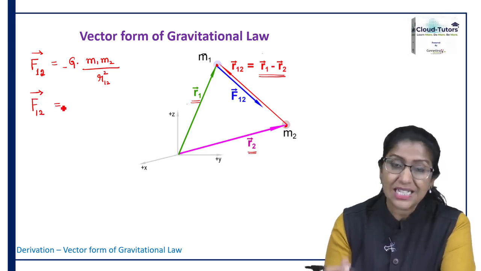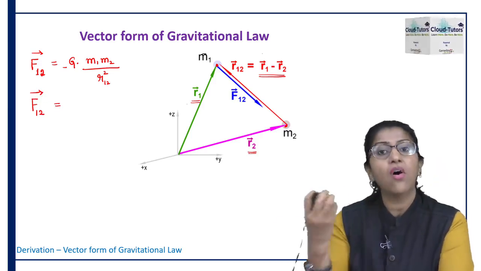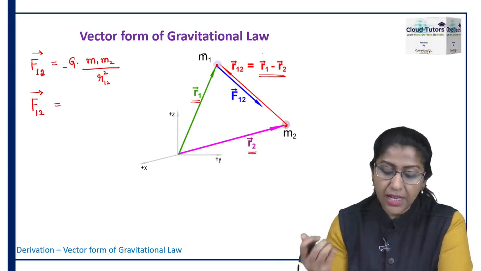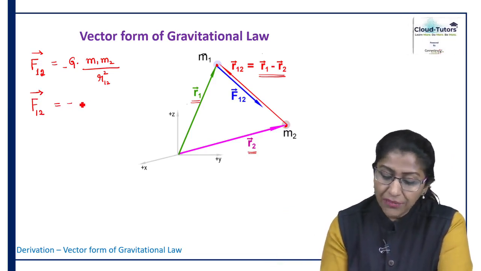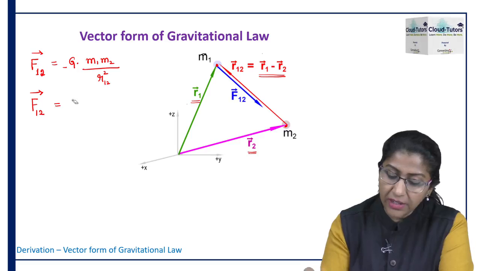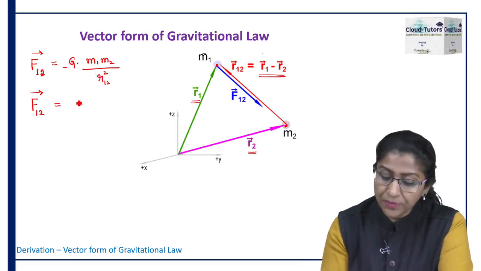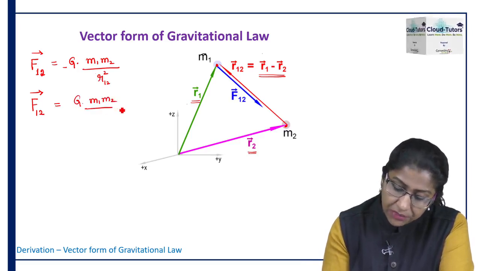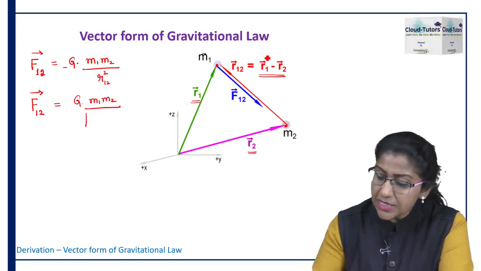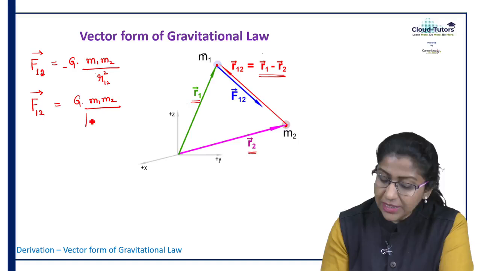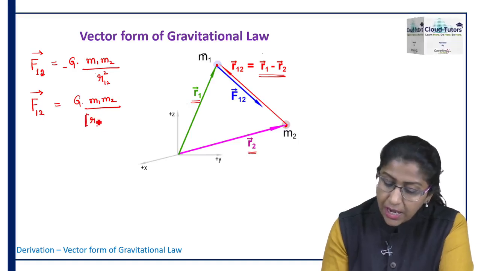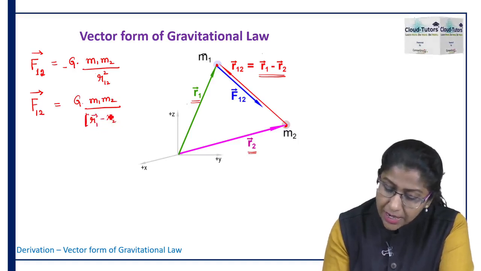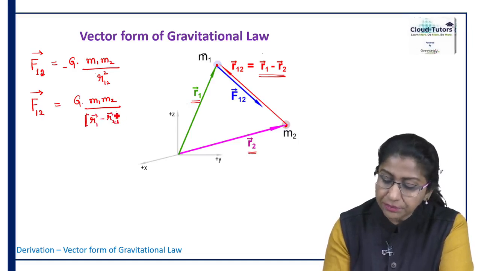F12 is the force exerted by M1 on M2. Correct? So now when I have to write the position vector for this one, how do I write it? G M1 M2 divided by, as we know, the position vector for this one is R1 minus R2 vector. Correct?